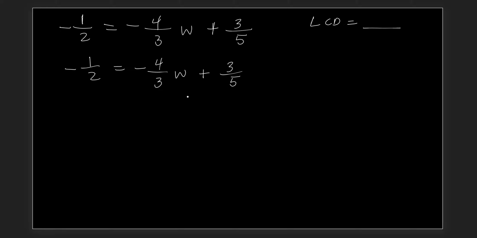And that might not be the lowest, but that'll get you where you want to go. So that probably happens to be the LCD anyway. 2 times 3 is 6, 6 times 5 is 30, so we'll say the LCD is 30. So what do we do with 30? Do you remember? We're going to multiply every term by 30.